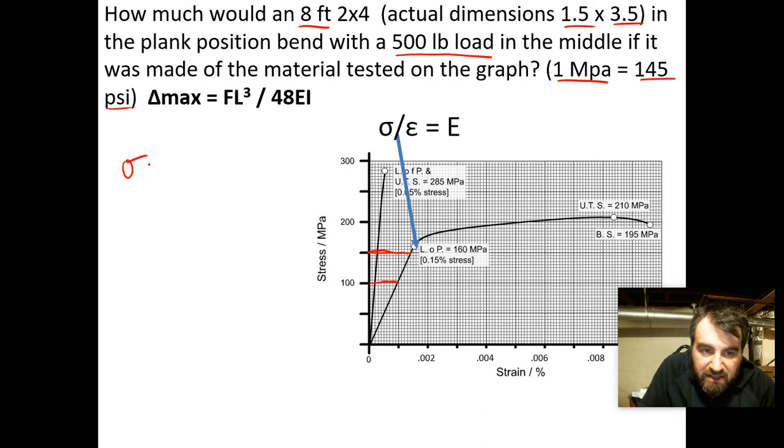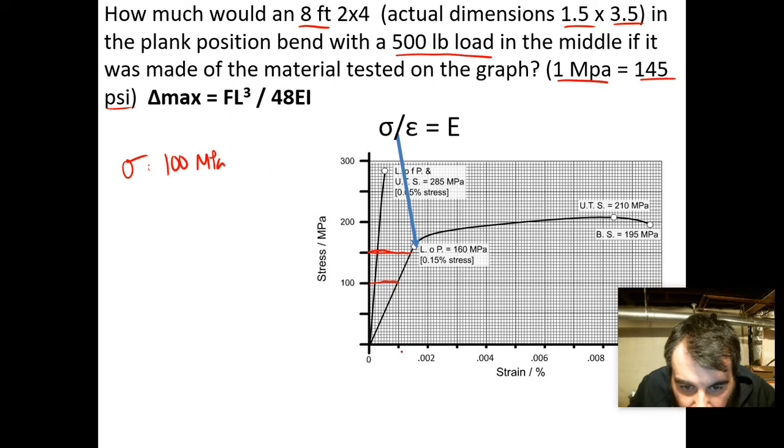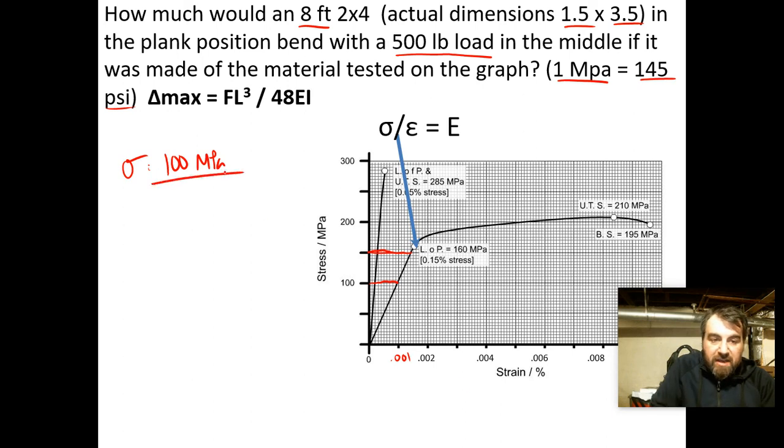So stress is like this, and this is 100 megapascals. And that's right here. Strain looks like just about 0.001. Okay. So 100 megapascals divided by 0.001. This is our strain.